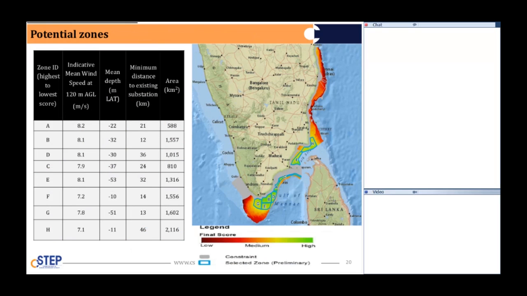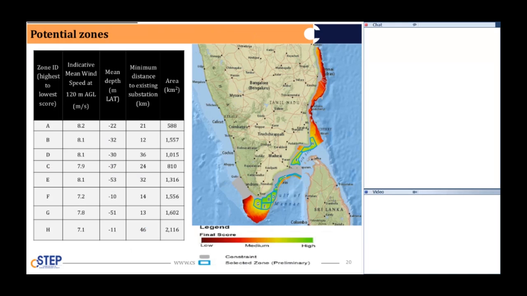So finally, this is the map that shows the zone breakup, and we prioritized, stratified these zones from A to H, and A and B seem to be the most suitable zones, with an indicated mean wind speed of 8.2 meters per second, which is extremely lucrative. The mean depth at these regions broadly is about 20 to 30 meters, which is suitable for erecting a monopile, which I will get to at a later stage.